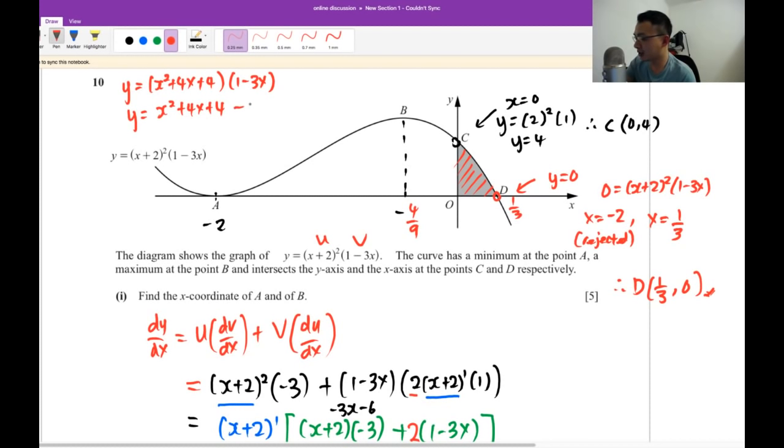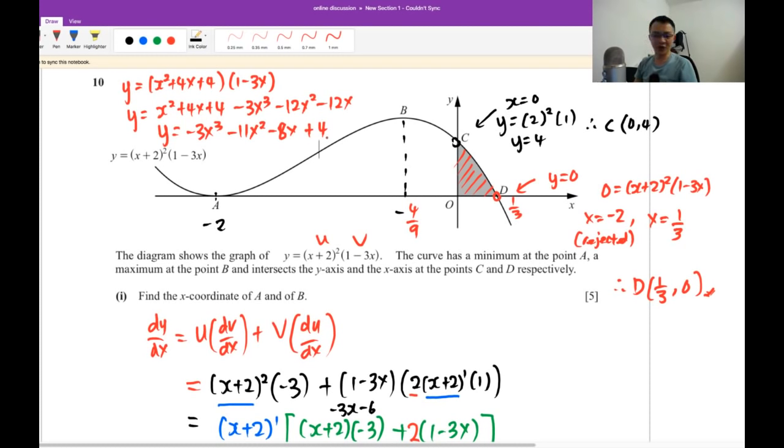So it will be minus 3x cubed minus 12x squared minus 12x. So therefore y will equal minus 3x cubed minus 11x squared minus 8x plus 4.